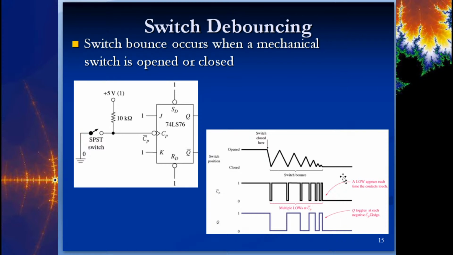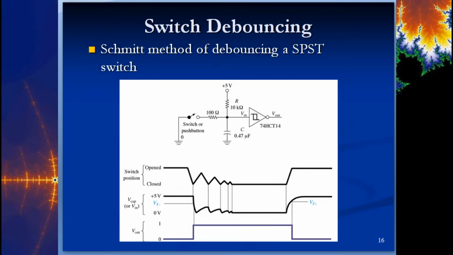So to prevent this from happening, we can put in some debouncing circuitry, and this is about the simplest way to do it. We have a pull-up resistor that goes to 5 volts, and then we've got a pull-down resistor connected to a switch, which is connected to ground. And then we've got a small capacitor here that's going to allow us to make sure that we have that 5 volts charging here.